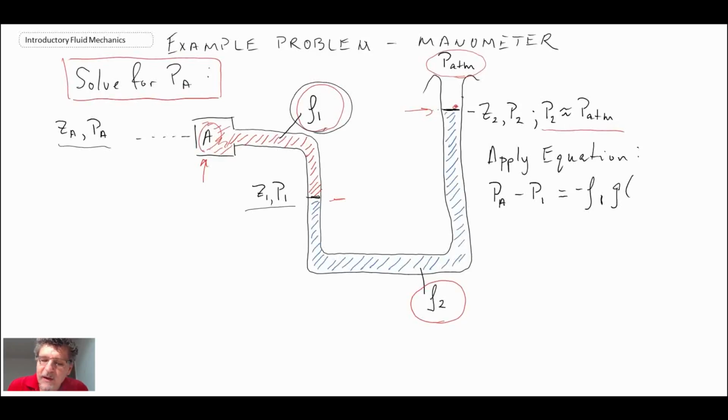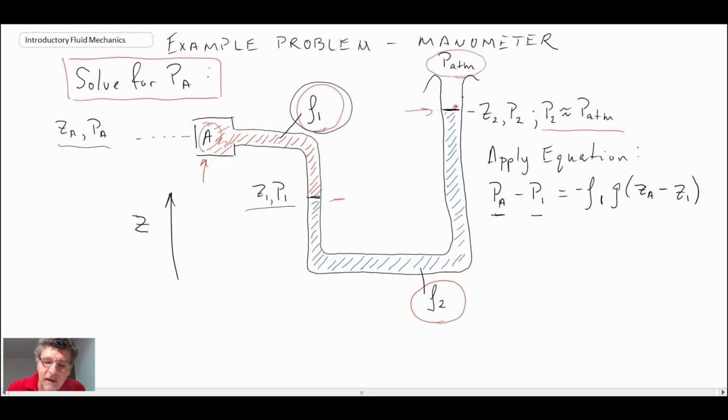Let me put our coordinates so Z is positive in that direction. The first variable we have corresponds to PA, so we write ZA minus, and then the second one is 1, so we write Z1. And so that's the first equation that we have.